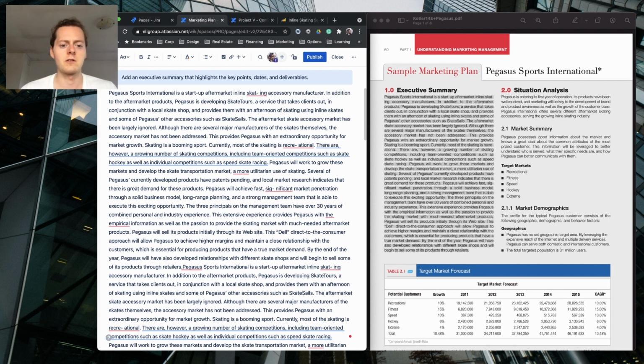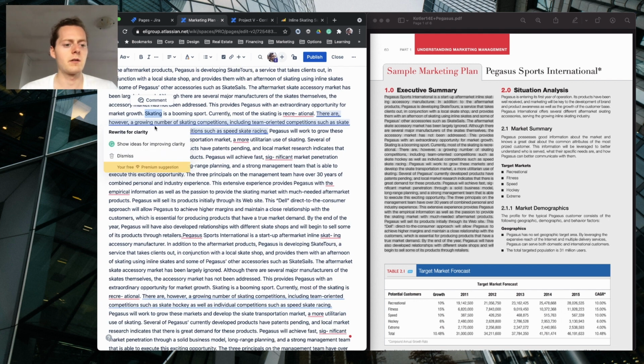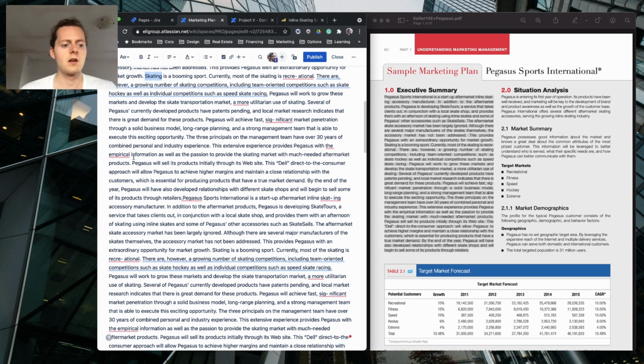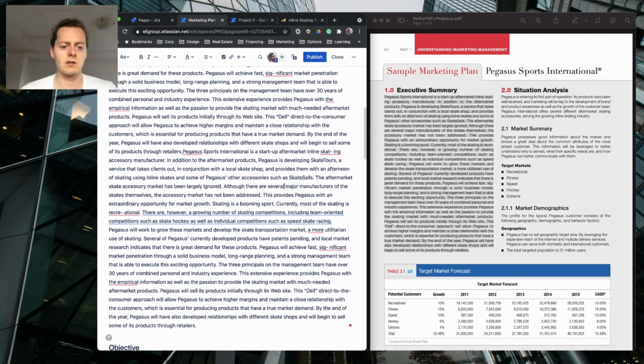So the after target has been ignored. I think I don't need this much of the thing. Booming sport. Okay, there are, however, a growing number of skating competitors.